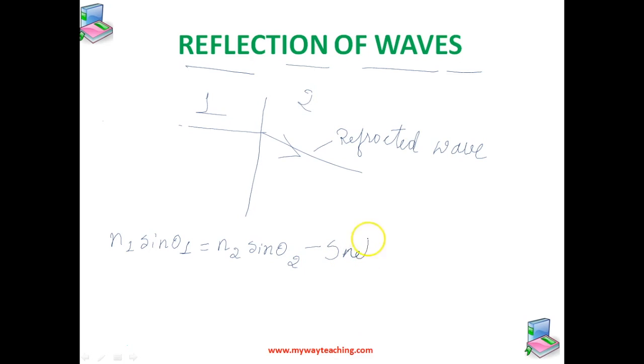This is Snell's law. And the incident and reflected waves obey the usual laws of reflection. This is the incident wave, and if it gets reflected like this, this is the reflected wave.